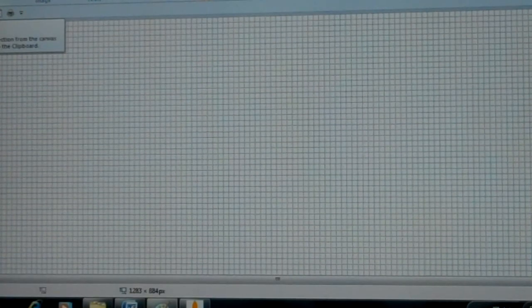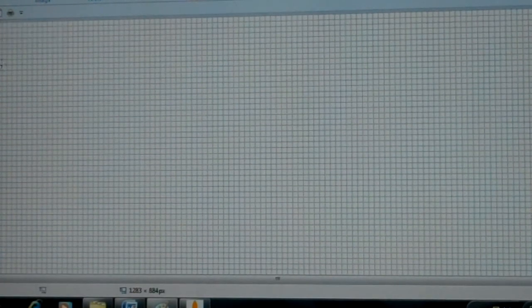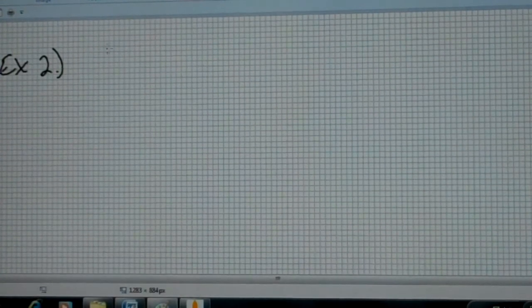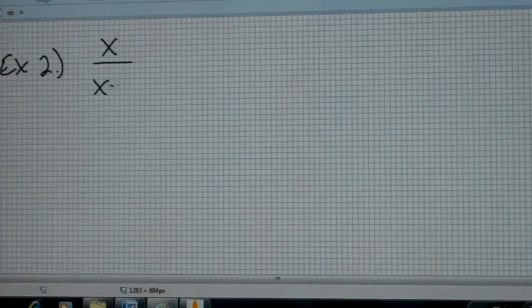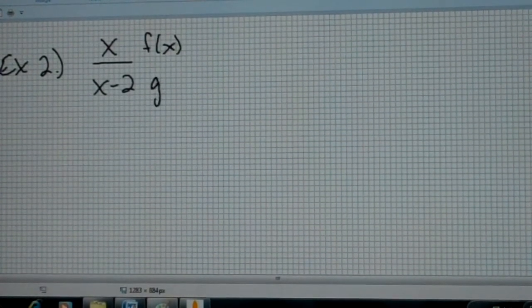Now, if we do another example of the quotient rule, we'll just do example 2. Then this one may seem a little bit easier. This is our f of x term, and this is g of x.